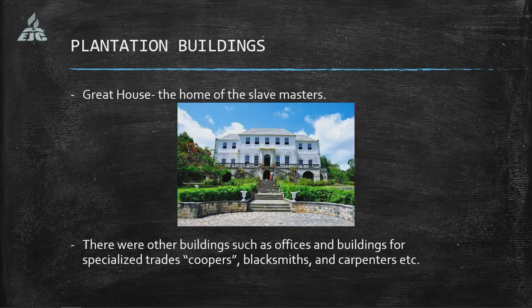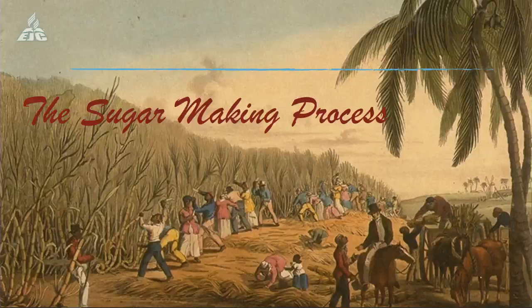In comparison to the great house where the planters lived, these buildings were elaborate and very fine and made out of sturdy structure in comparison to the lowly buildings of the slaves. So we see there the great house.